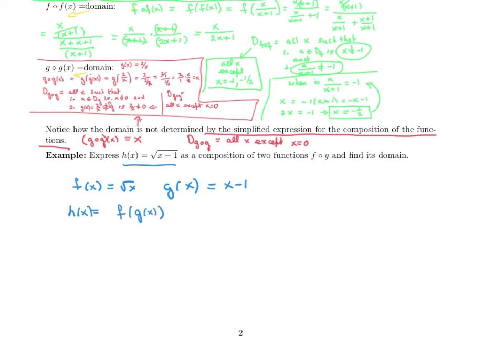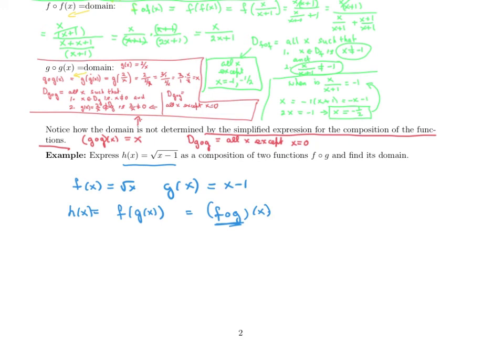It's the square root of x minus 1, so this is f after g of x. Now remember, I must be very careful about the order in which I write f and g here, because f after g is not the same as g after f.